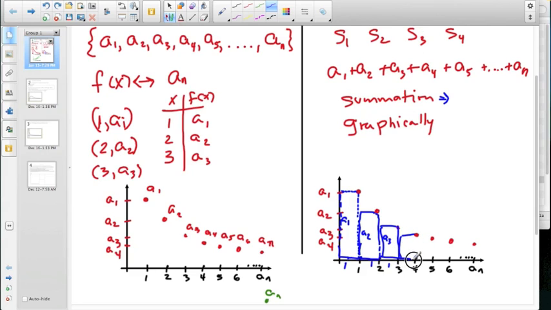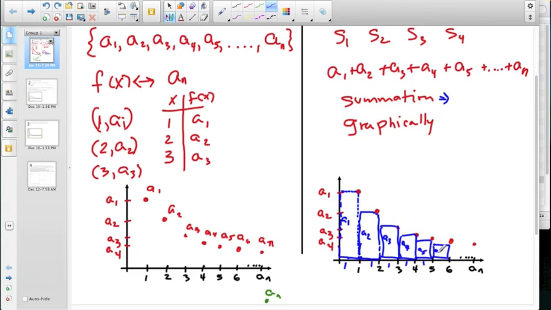You probably are starting to see the pattern already, even before we start talking about it. But there's the fourth rectangle and the fifth rectangle, width of 1, height of a sub 5, and it just continues on.